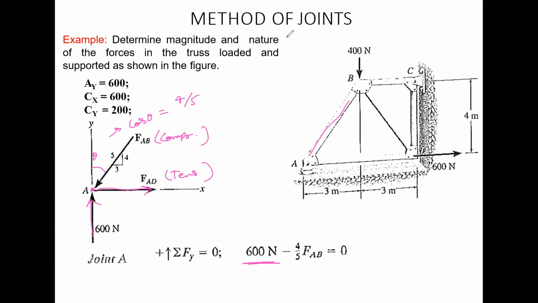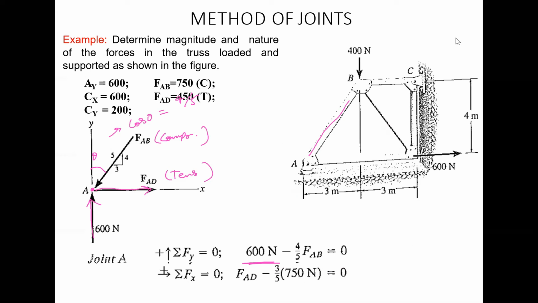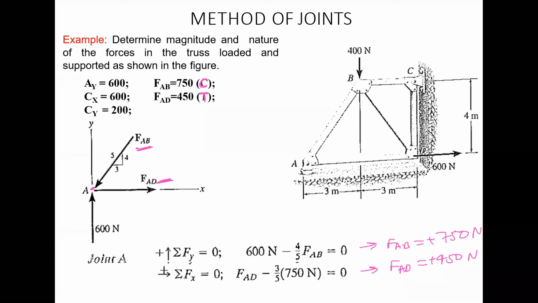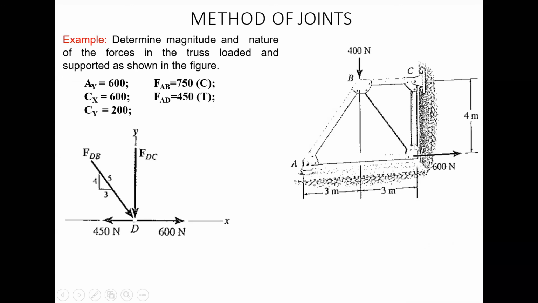This will give us FAB, and then balance the horizontal forces, and you will get FAD. FAD is acting horizontally rightward, so we are taking horizontally rightward as positive, and this FAB, its horizontal component, will act horizontally leftward. So horizontally leftward we are taking negative. So FAD minus 3 by 5, 750 Newton is equal to 0. So we will get FAB and FAD is equal to 750 and 450 respectively.